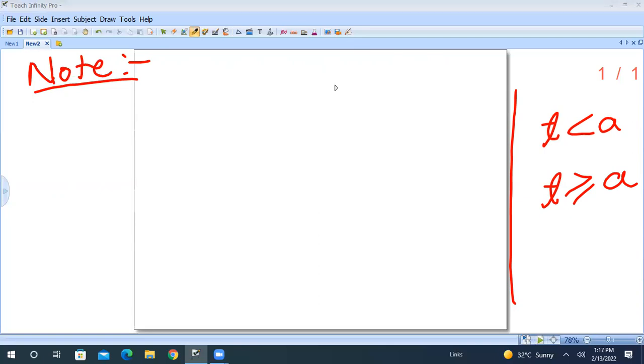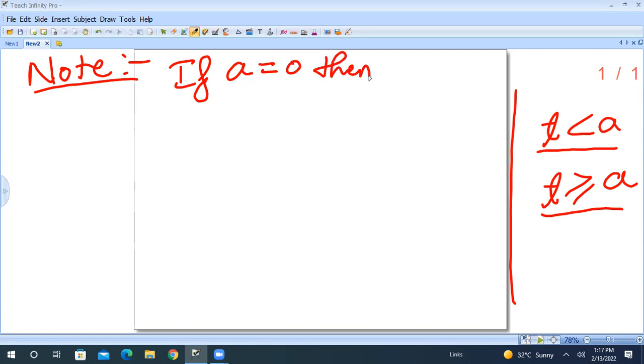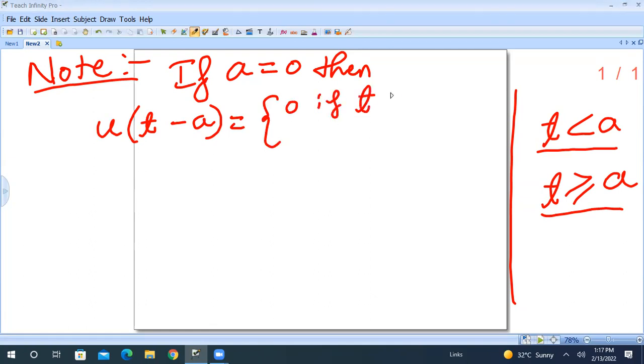So in the previous problem, if t is less than a, and t is greater than or equal to a. Now let us consider one note point only: if a is equal to 0. Our definition says u of t minus a is equal to 0 if t is less than a, 1 if t is greater than or equal to a.